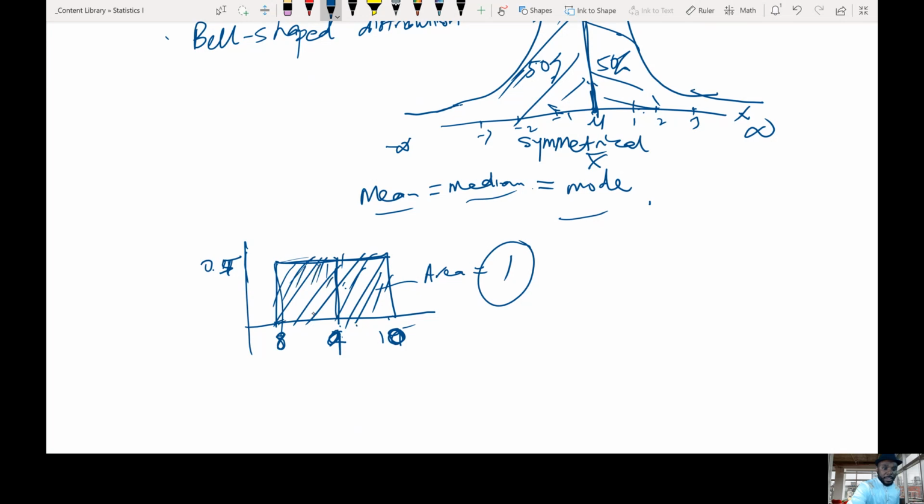So this area here, the probability of x less than or equal to 9, will be equal to what? This area to the left. And what's the area? This is now 1 times 0.5, which is 0.5. So that probability is 0.5, and that's the area to the left of this.